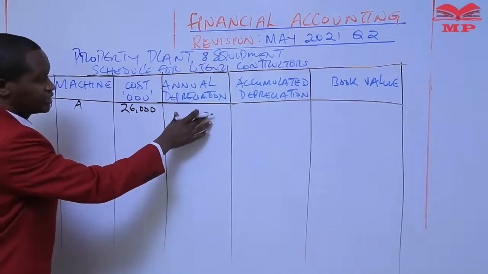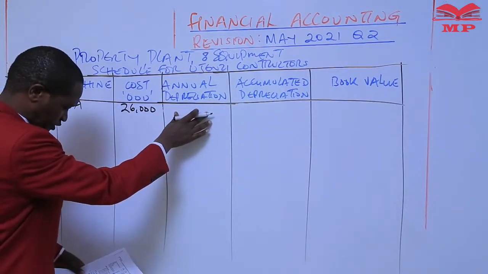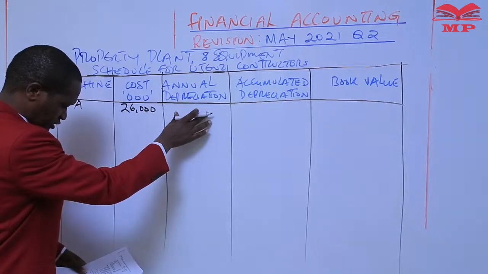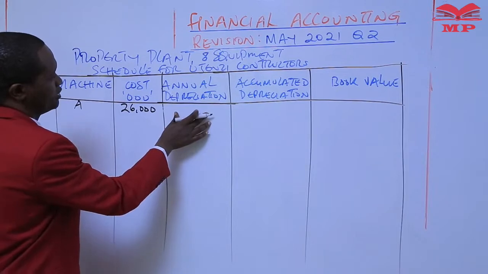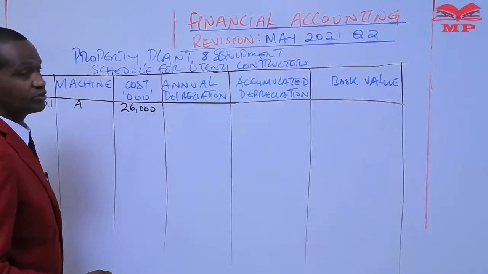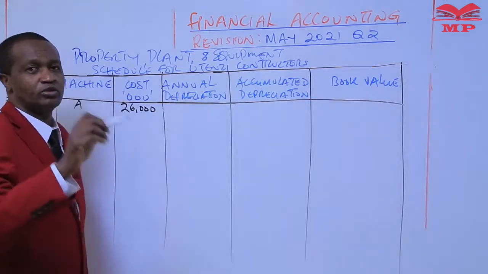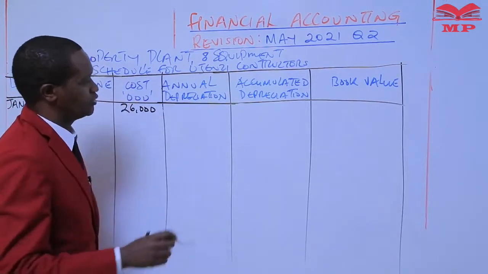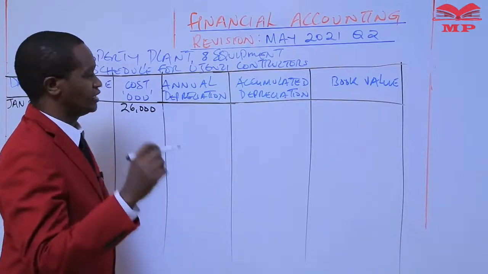We are now going to calculate the depreciation. We read from the question that depreciation for machine A is straight line basis, no scrap value. Candidates, when calculating depreciation using the straight line method, we know that depreciation per annum is equal to cost minus scrap value divided by the economic life.